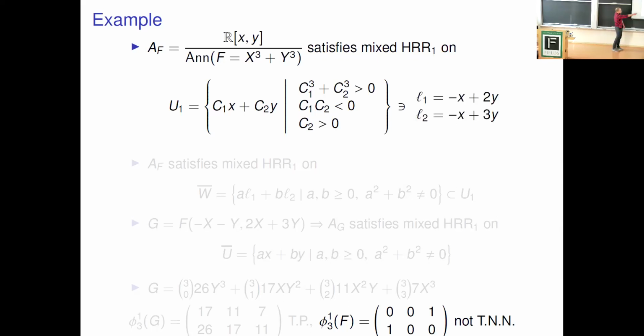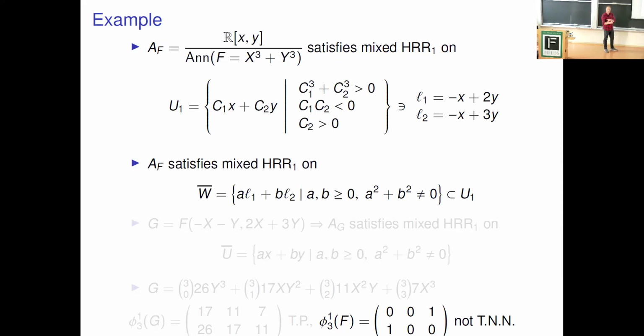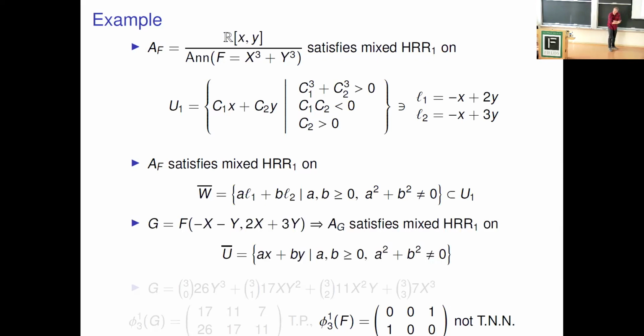In fact, it's got a negative 2 by 2 minor. But you can do a trick. Let me take these linear forms inside the cone, and then I can take the closed cone spanned by those. Inside this cone, that means this algebra satisfies mixed Hodge-Riemann on the closed cone. But then I could just change my variables, if I take x to L1 and y to L2, I could do the dual on the Macaulay dual generators and get a change of coordinates, turn F into G, and then AG will satisfy mixed Hodge-Riemann on the standard closed cone.